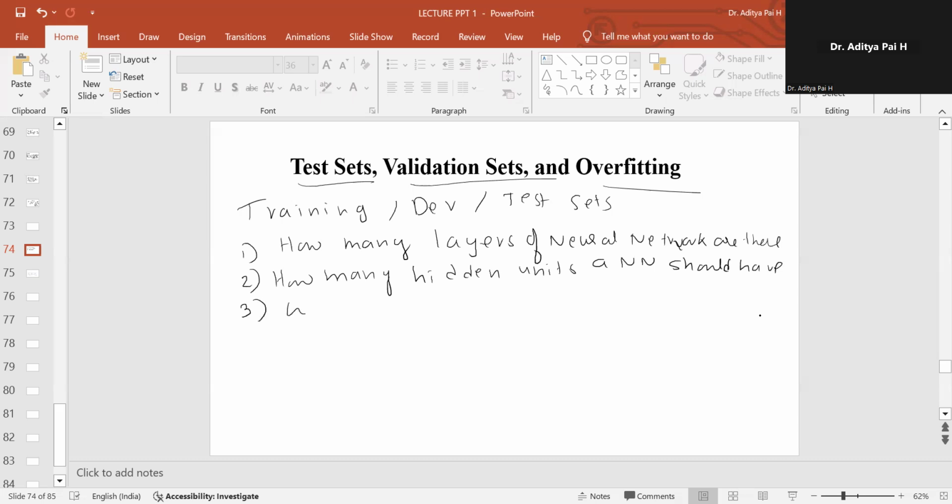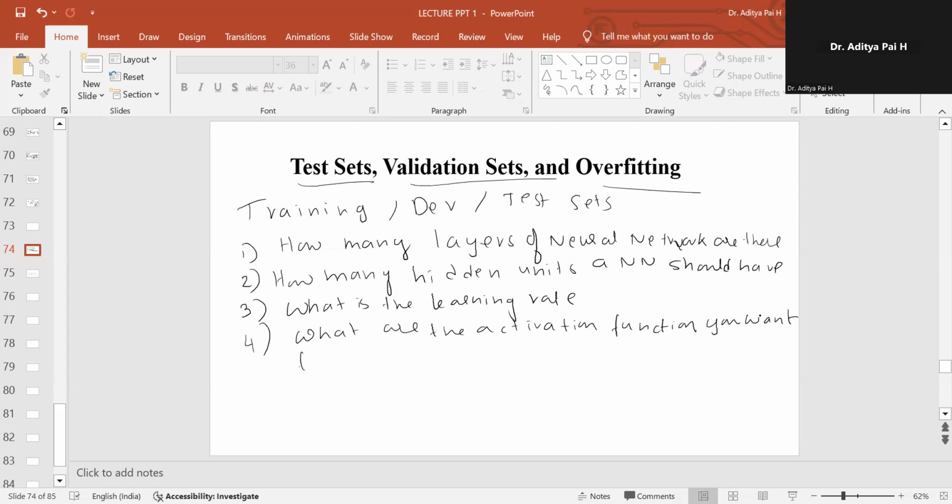The third point is what the learning rate is. And the fourth point is what activation functions you want to use for different layers.